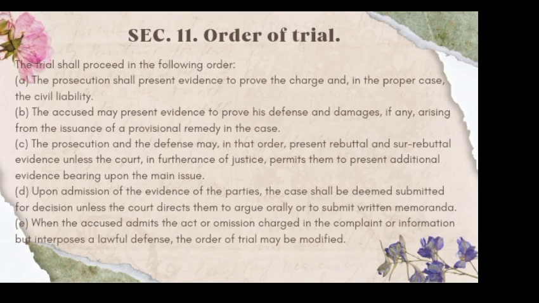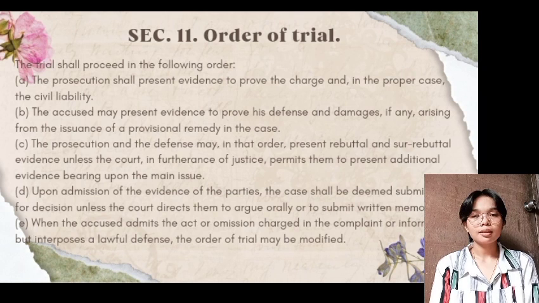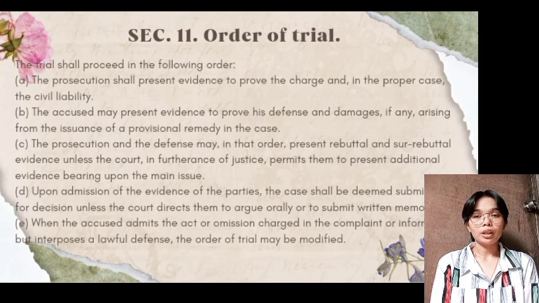Lastly, E. When the accused admits the act or omission charged in the complaint or information, but interposes a lawful defense, the order of trial may be modified. Lastly, Section 11, letter E, allows for a modification of the trial sequence when the accused admits to the act or omission described in the complaint or information but asserts a lawful defense.